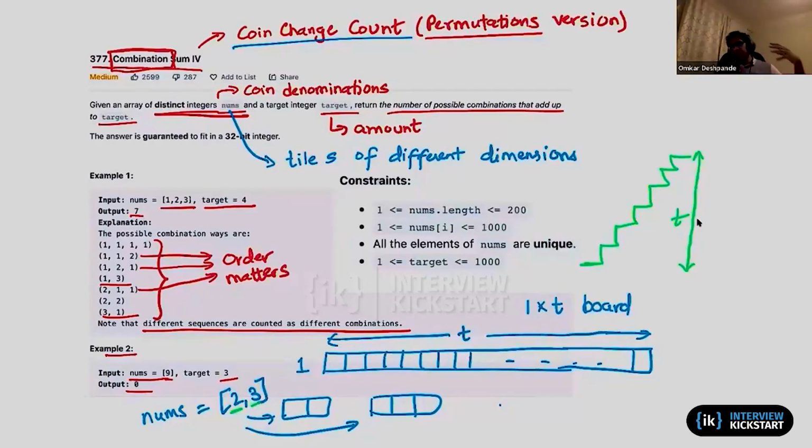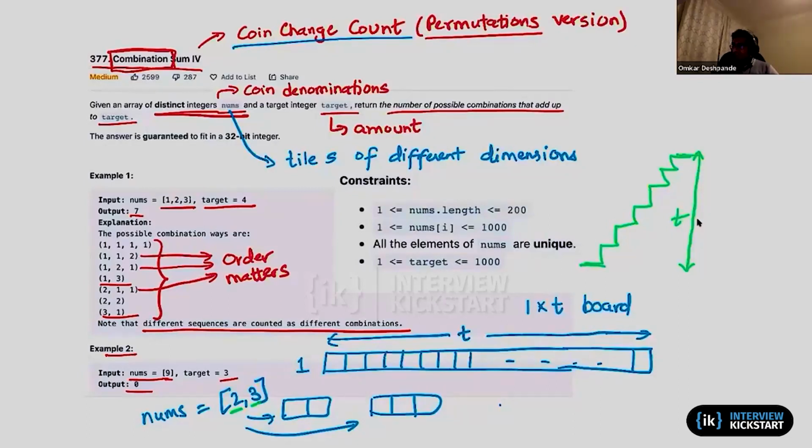The climbing stairs problem that we did in the foundation videos allowed you to take only one step at a time or two steps at a time. But we can generalize it and say maybe this array nums will tell us the distinct jump sizes that we're allowed to take, and we can mix and match them, and we can jump as many times as we want with each jump size, as long as we can go from the bottom to the top.